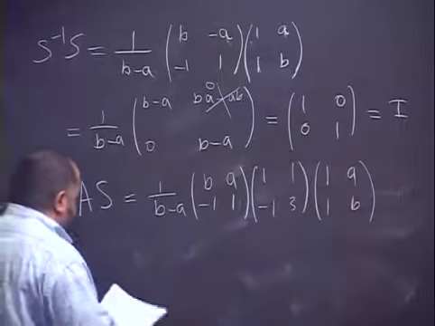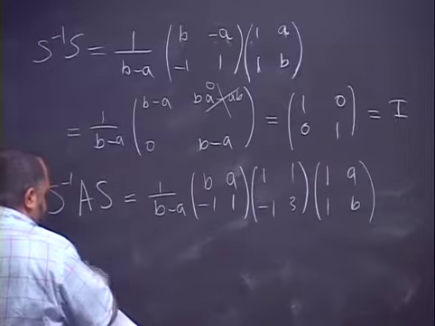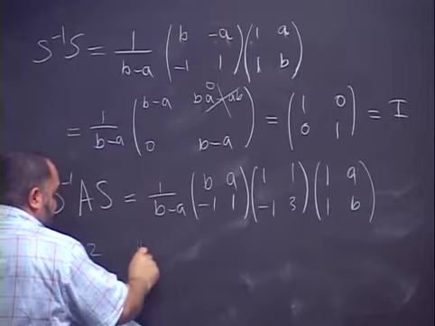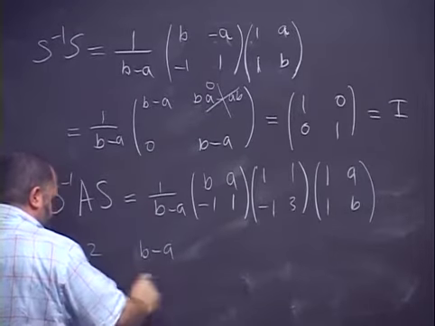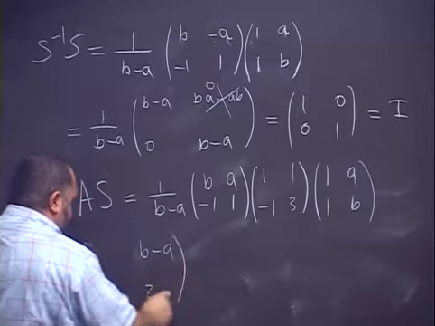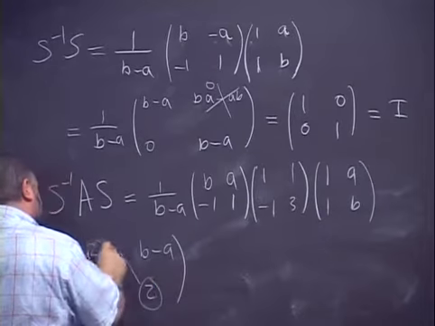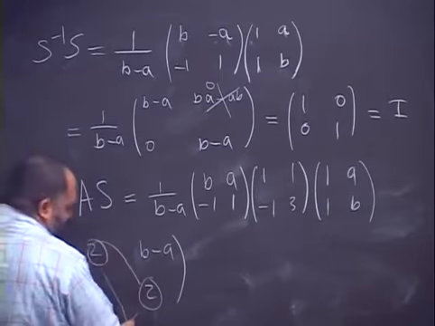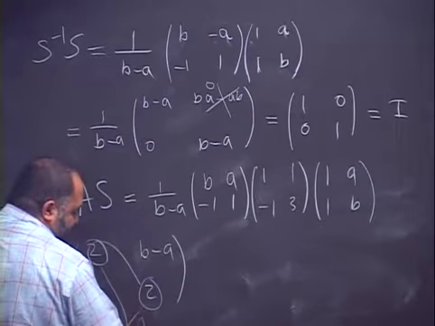If you do this, you will end up with (2, B minus A; 0, 2). So what's this? The eigenvalues.